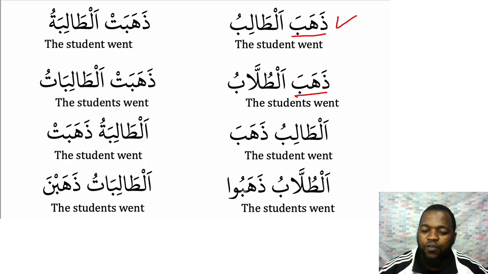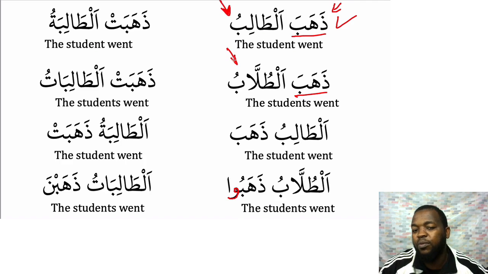Otherwise, if you use ذهبوا, the doer is in it. In a verbal sentence, when you say ذهب, this is the verb. Where is the doer, the subject? It's here, الطالب, or here, الطلاب. So ذهب الطالب, the student went. ذهب الطلاب, the students went.